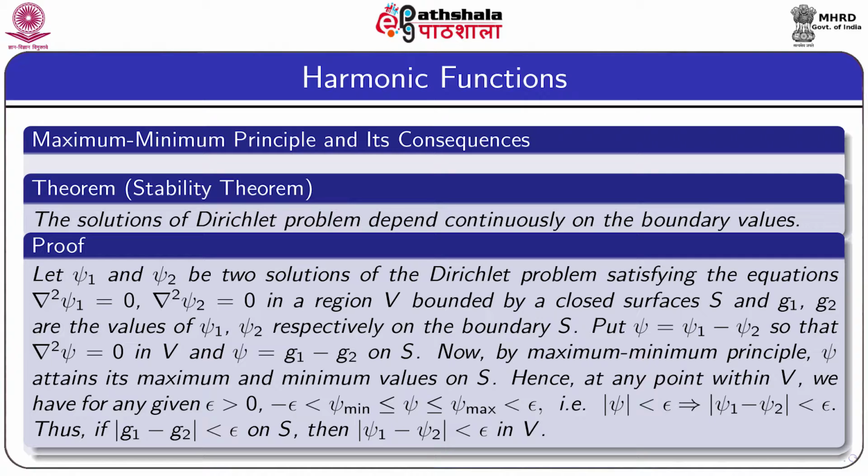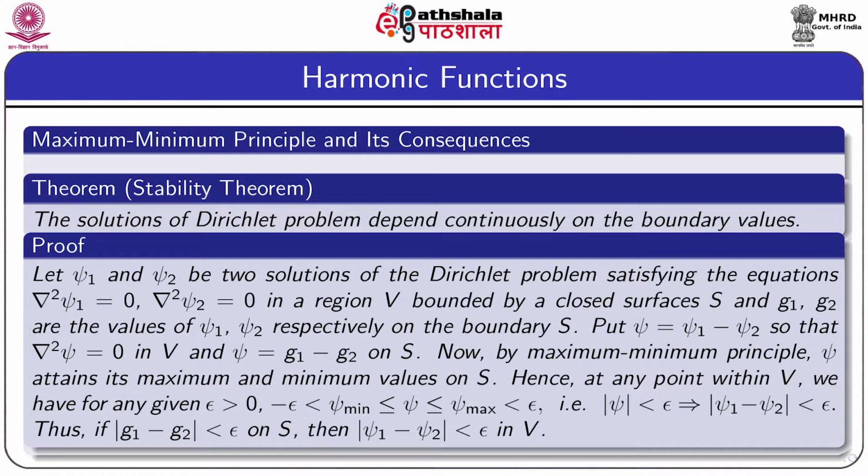Proof: let psi 1 and psi 2 be two solutions of the Dirichlet problem, where psi 1 satisfies the equation grad square psi 1 equals 0 together with the boundary condition psi 1 equals g1 on the boundary S, and the other solution psi 2 satisfies the Laplace equation grad square psi 2 equals 0 and the boundary condition psi 2 equals g2 on the boundary S of the region V.